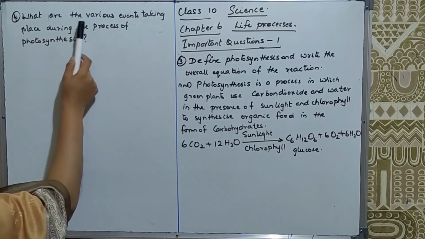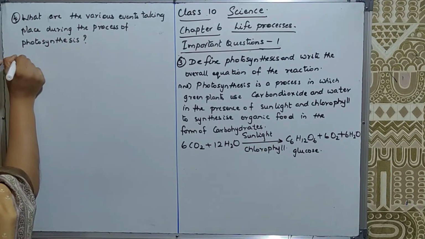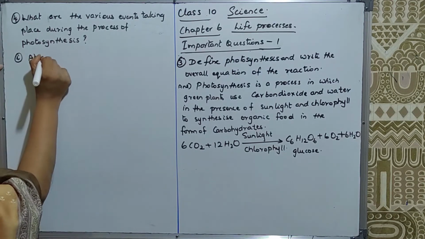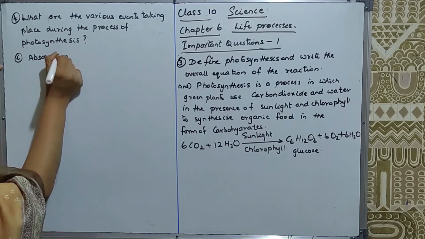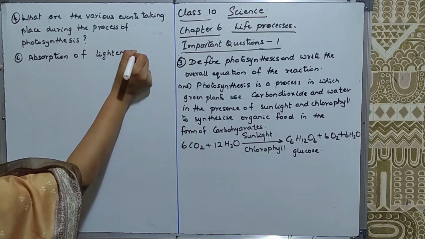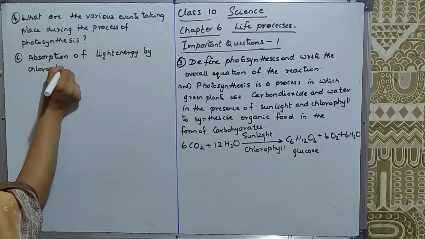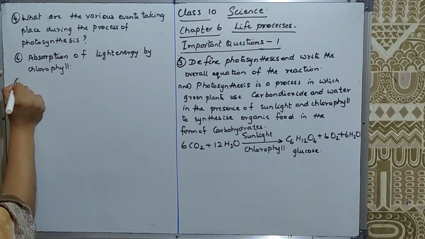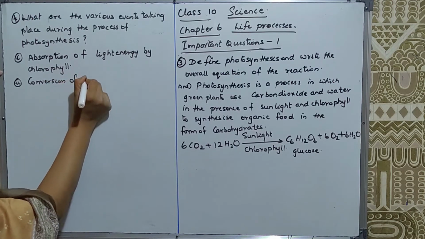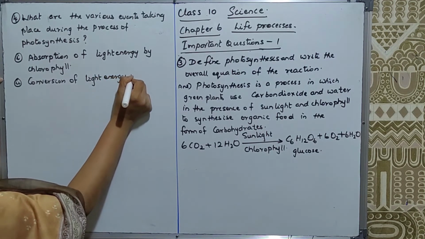Now question 4, what are the various events taking place during the process of photosynthesis? The first process taking place during photosynthesis is absorption of light energy by chlorophyll. Second one, conversion of light energy into chemical energy.